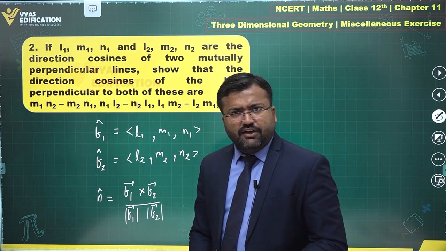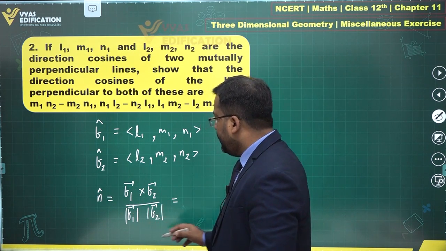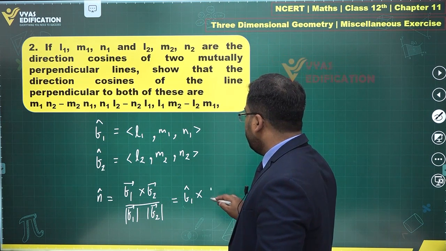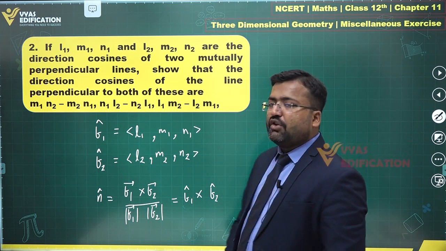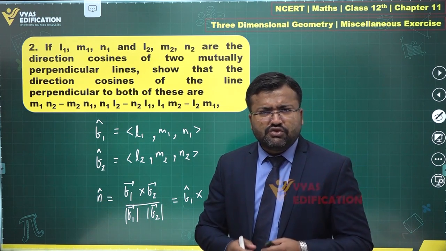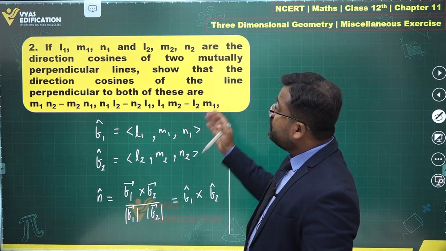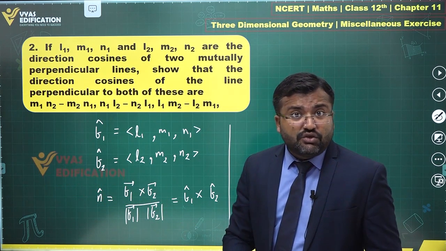If you see this carefully, this is nothing but b1 cap cross b2 cap. So n cap will be equal to b1 cap cross b2 cap. That's what we are supposed to find. Therefore we'll get directly the direction cosines of the perpendicular line, since this is a unit vector.